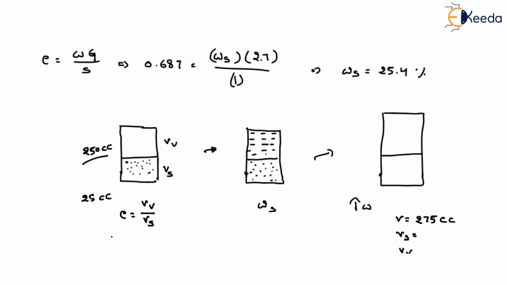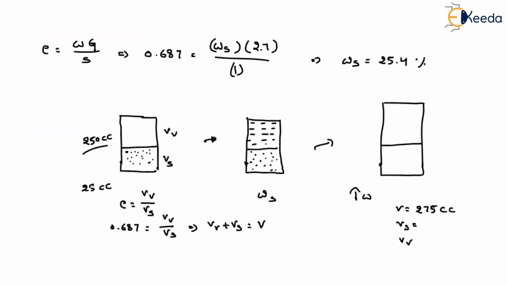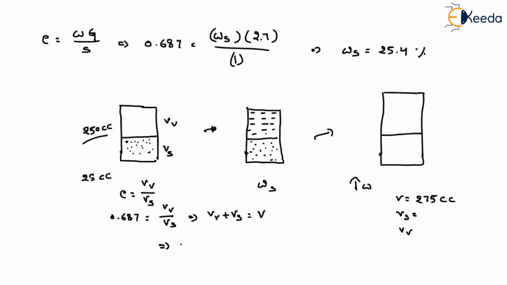What is this value? 0.687. That will be equal to Vv to Vs. We know that volume of voids plus volume of solids is equal to total volume, right?